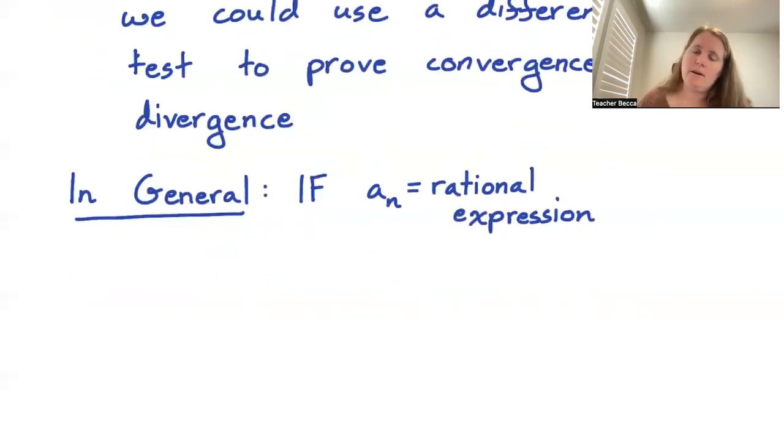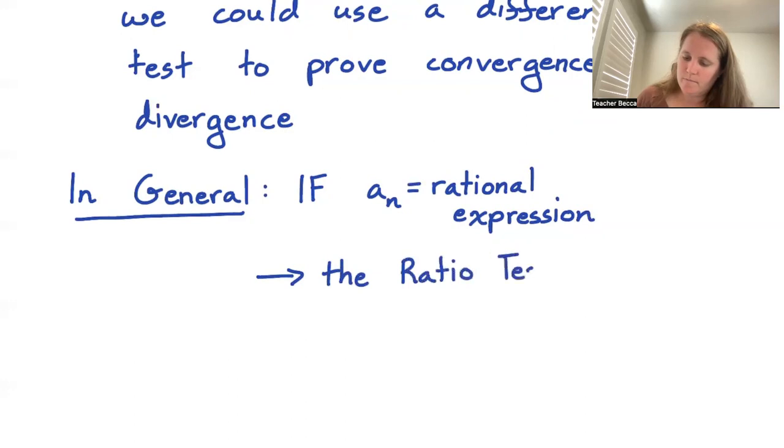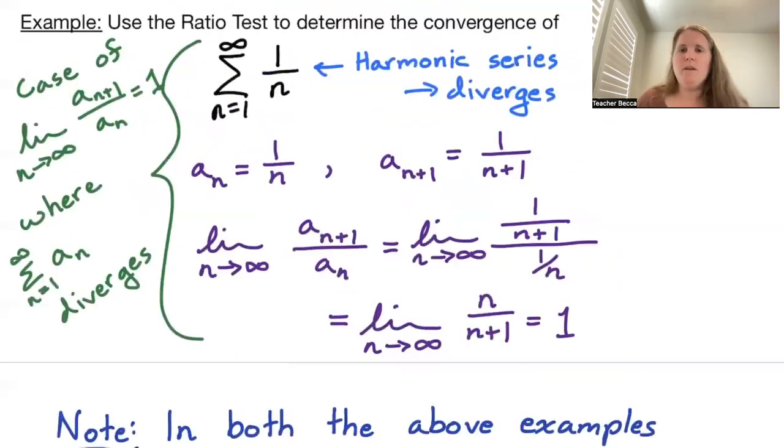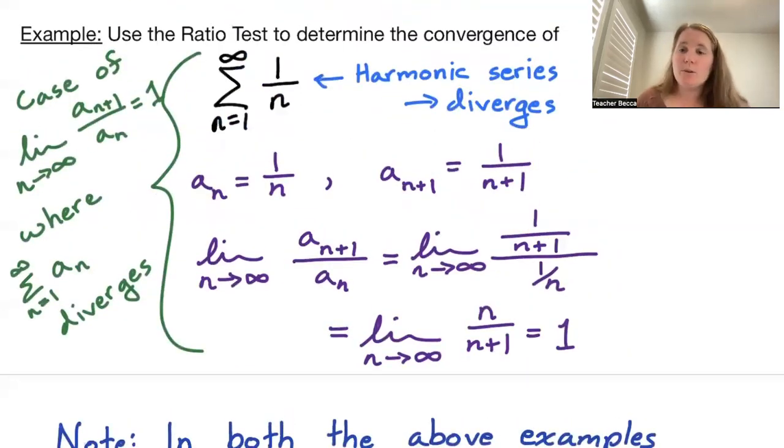So if a sub n is a rational expression, then the ratio test will not work. We will essentially have exactly the same thing happen as we did here. So we'll wind up simplifying to a polynomial over a polynomial of the same degree and same leading coefficient. And so we will just get a limit of 1.